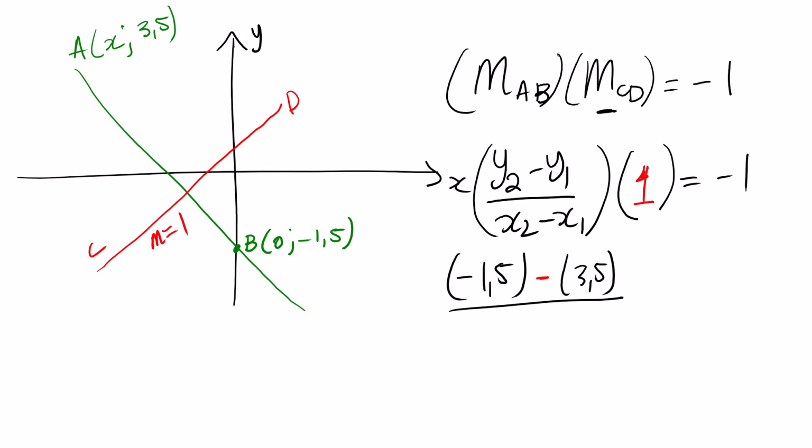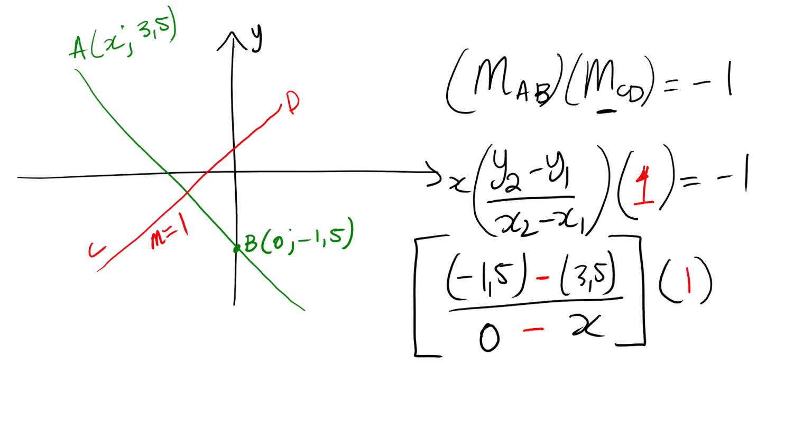Our x2 is 0 minus our x1 is simply x, all multiplied by 1, it's equal to -1.